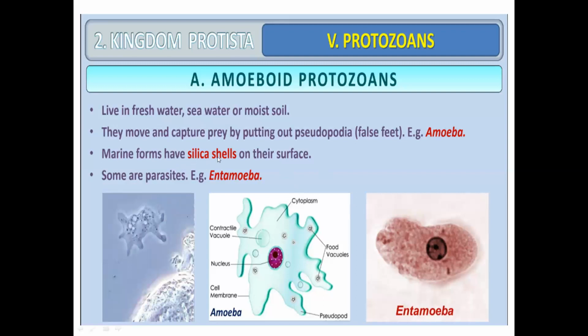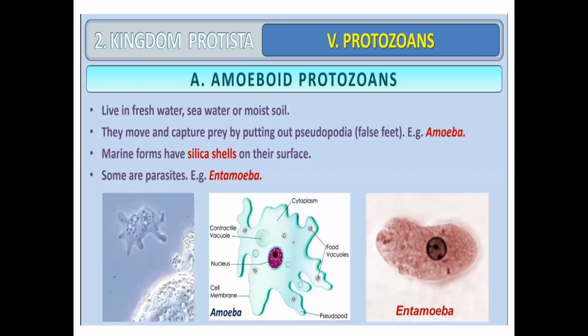Marine forms have silica shells on the surface. And the third point, some are parasites, example, Entamoeba. So the example of a predator is amoeba.